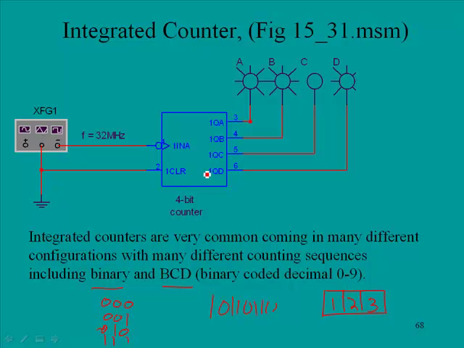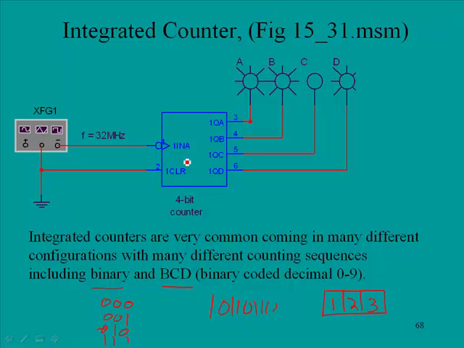Now, this particular device here is an integrated counter. By integrating, what they mean is here you have a single chip, and this single chip could contain 40, 50, 100 flip-flops possibly, all on the single chip.